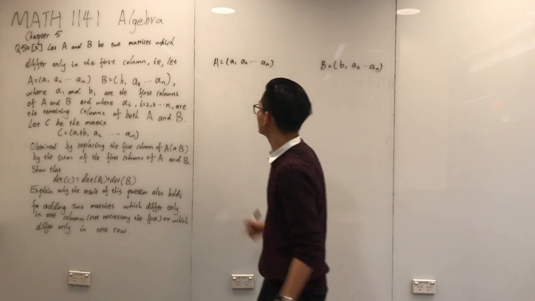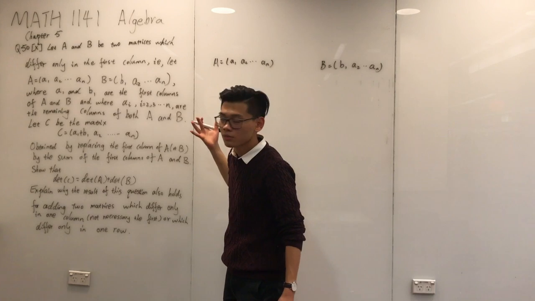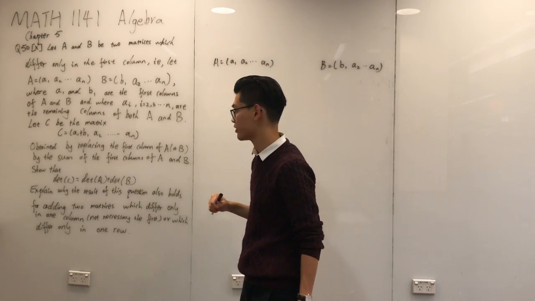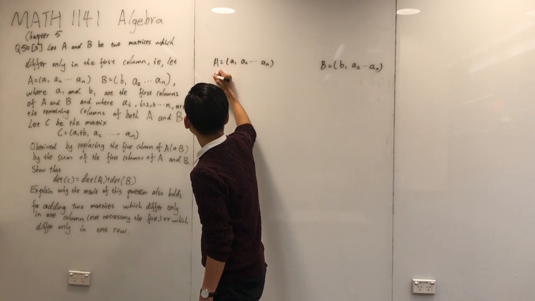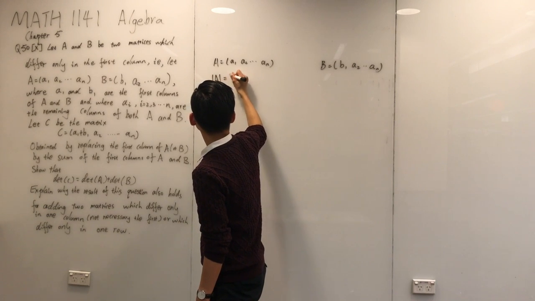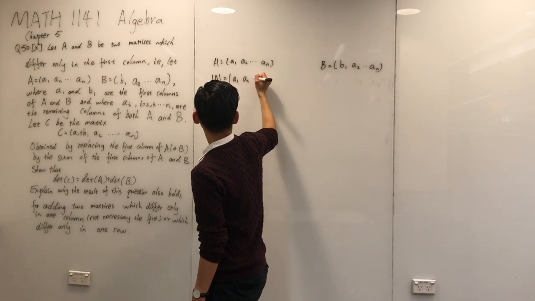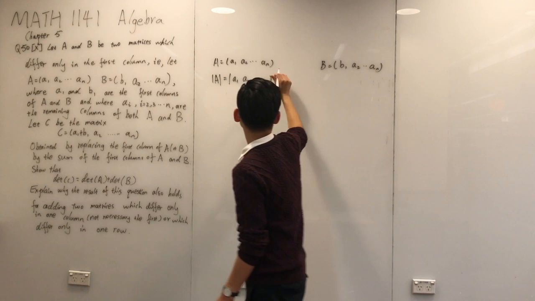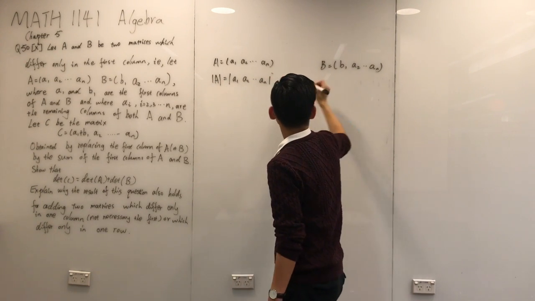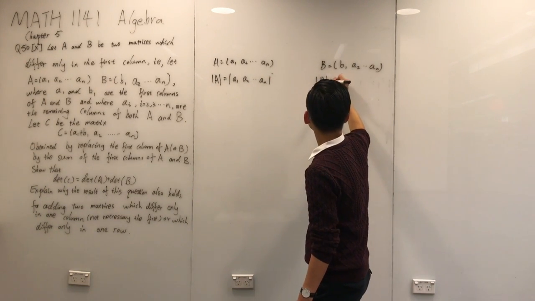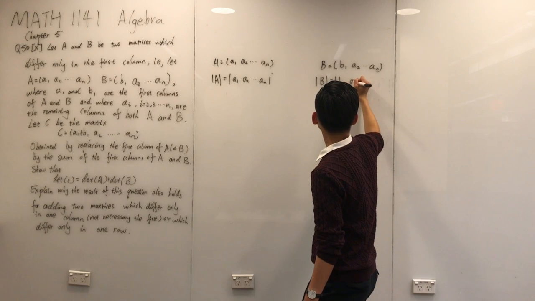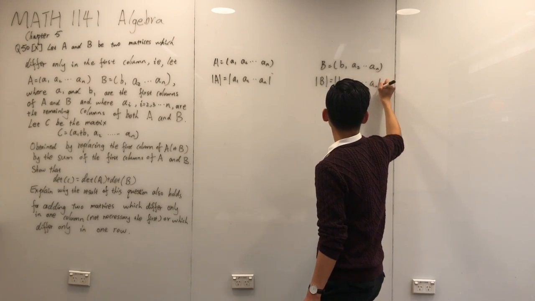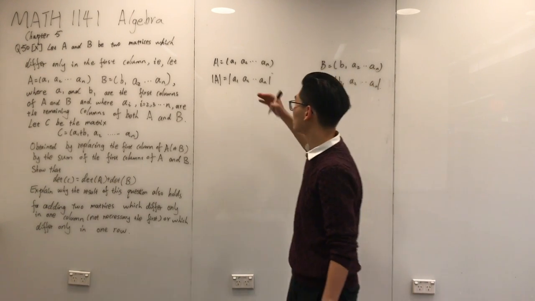Now we just need to find a determinant, because they ask us to find out the determinant, right? So we can write out the determinant.